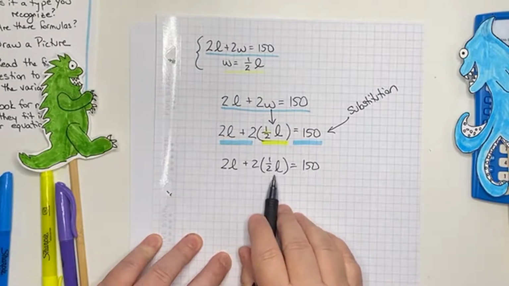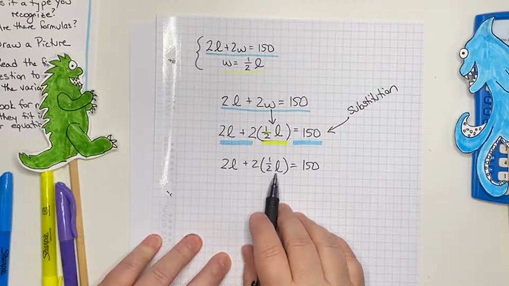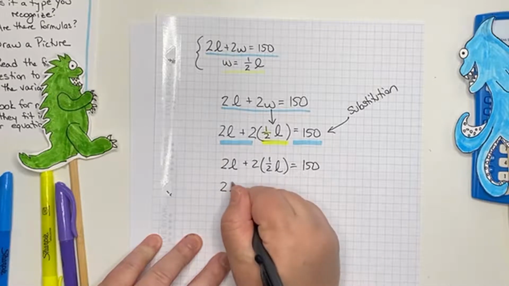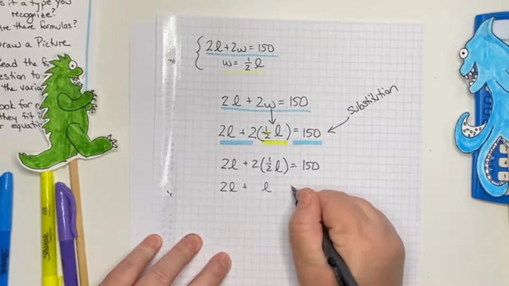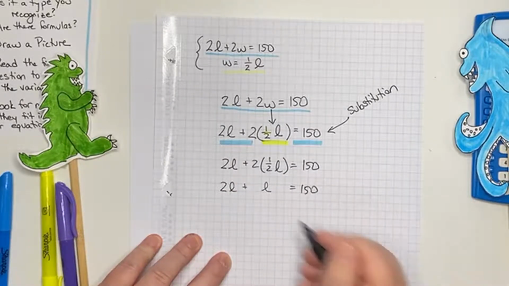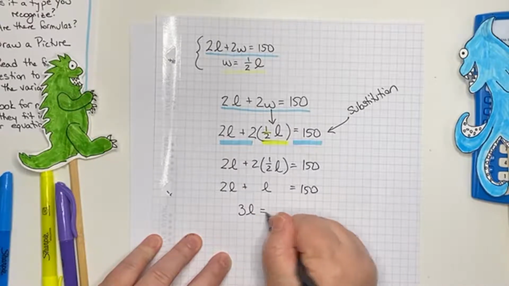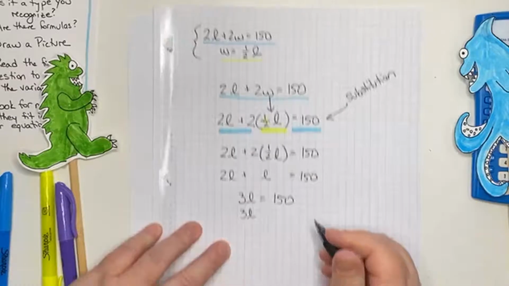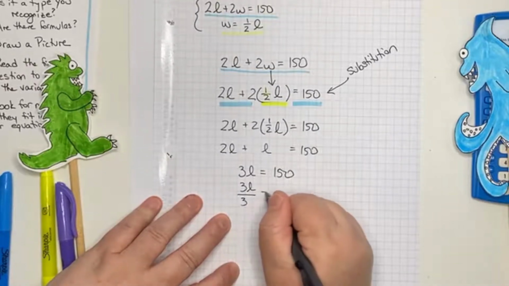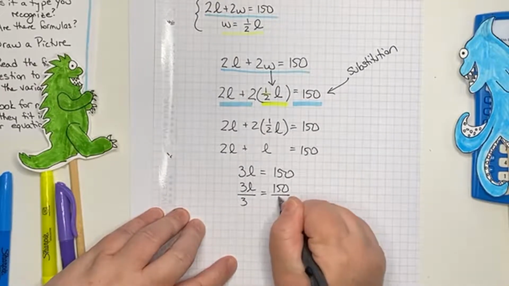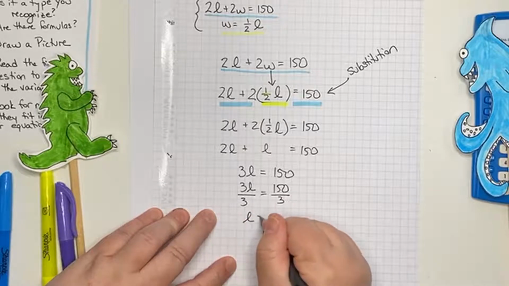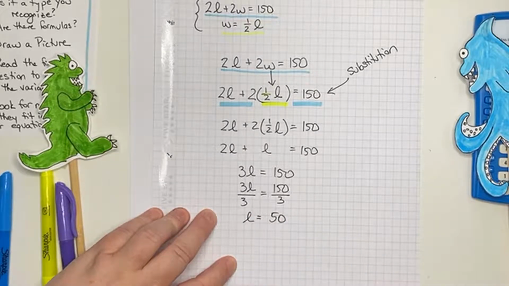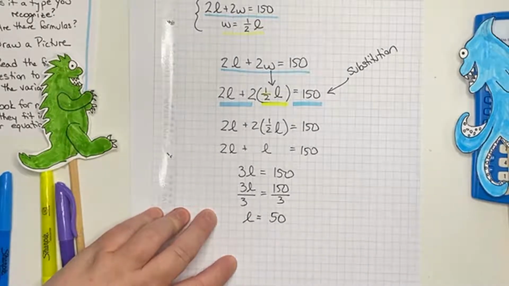But 2 times 1/2 L is just L. So I've got 2L plus L equals 150, or 3L equals 150. So 3L divided by 3 equals 150 divided by 3. L equals 50. Woohoo!